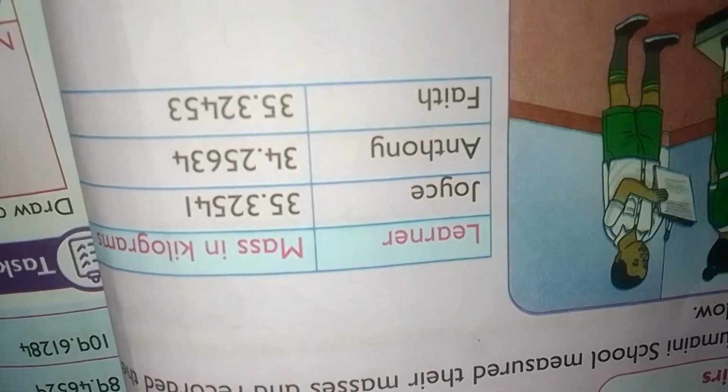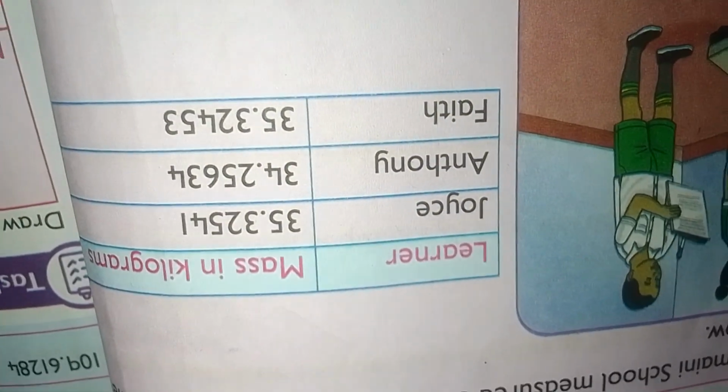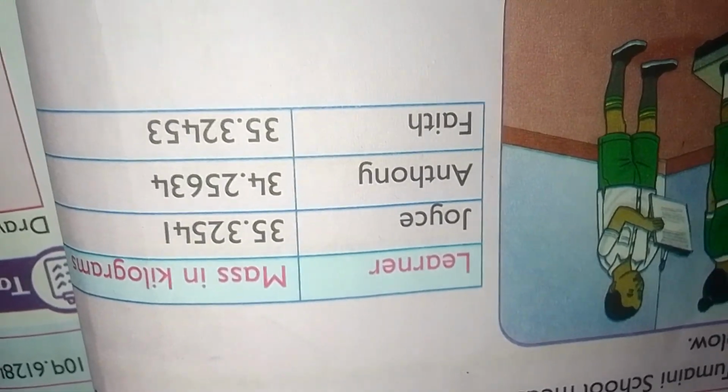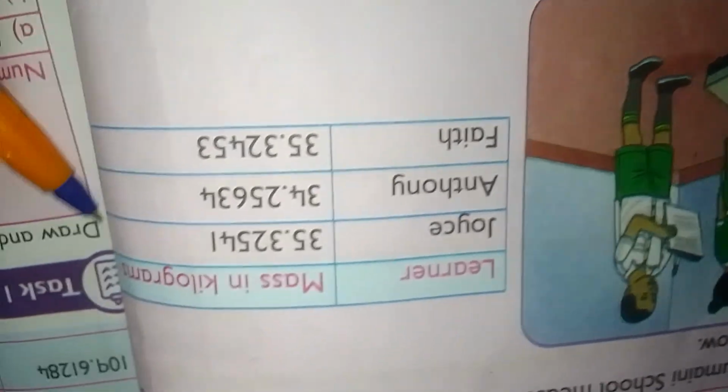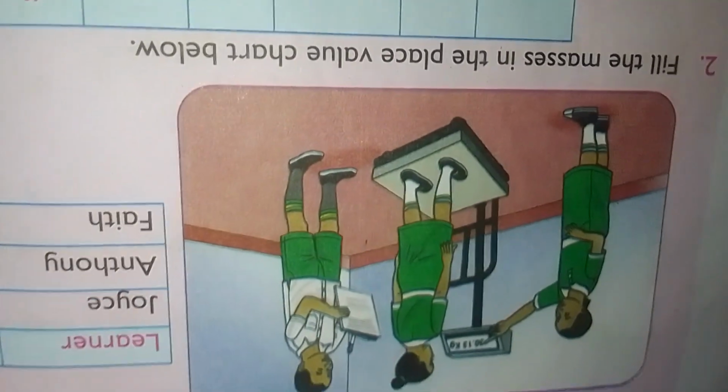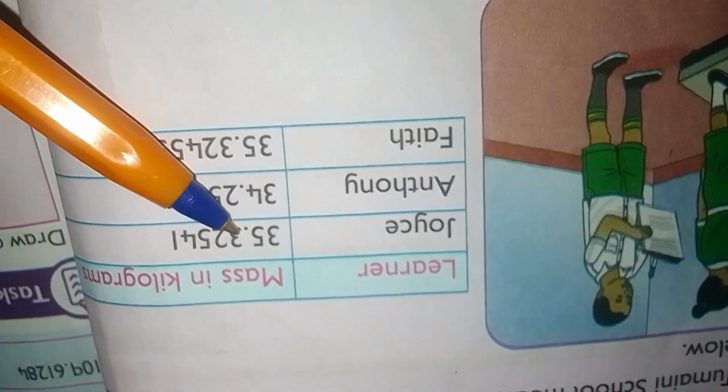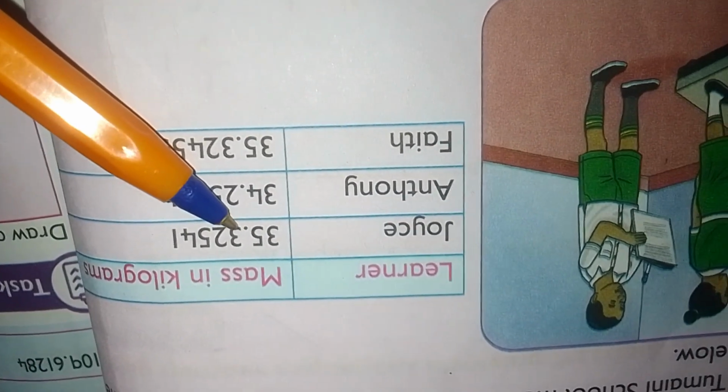We can have an example of a number. For example, this one. We have Joyce having 35.32541 as mass in kilograms. So we have the 3 immediately after the decimal.